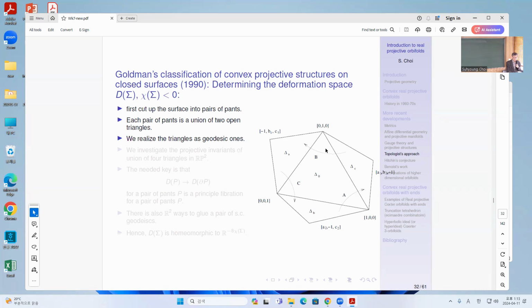Okay. So if you have these four triangles and then you identify this triangle to this triangle to this, then you get a pair of pants, or the thrice punctured sphere. Okay, and for any convex projective structure, you can also find these triangles.